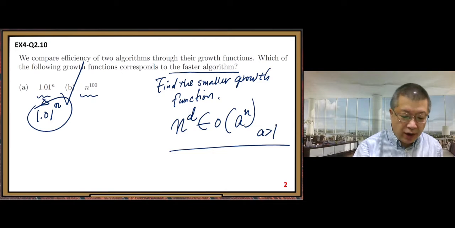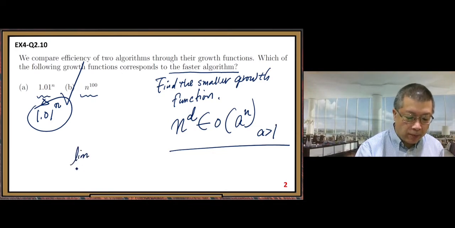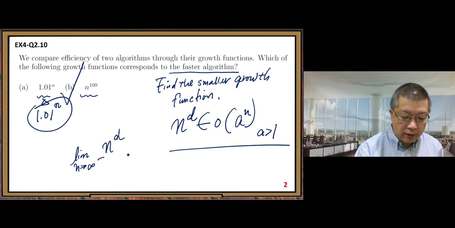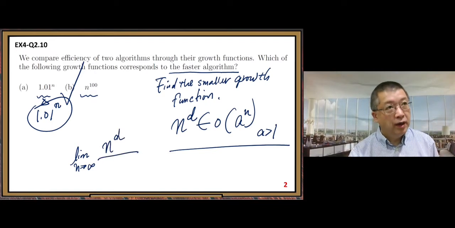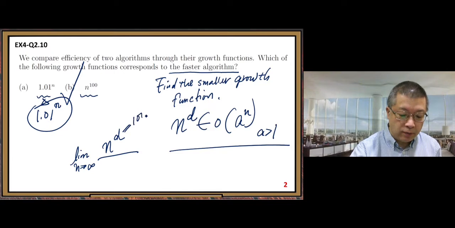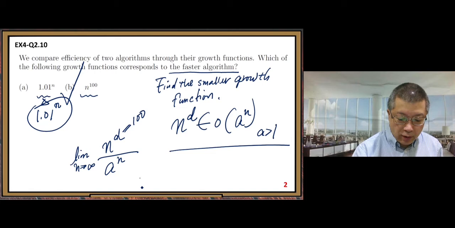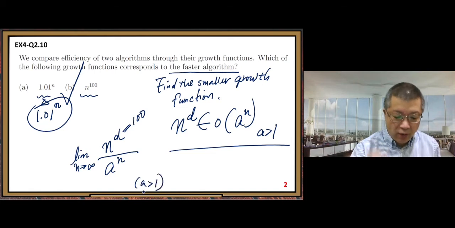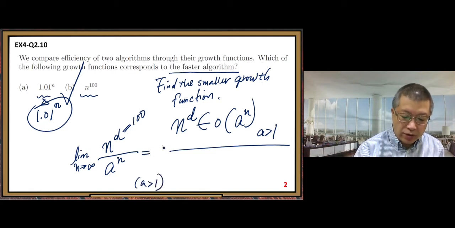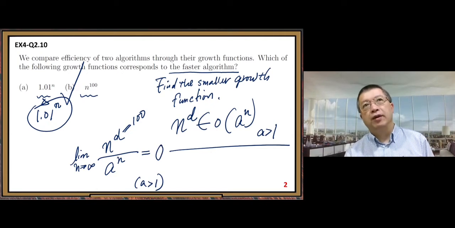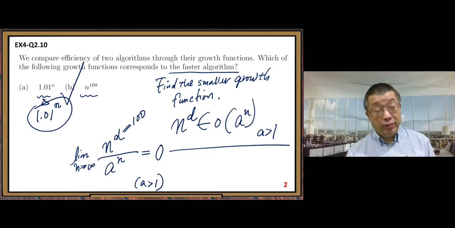This tells us that if you take the limit as n goes to infinity of n to the dth power, where d is some positive number, not necessarily an integer, but here it is an integer, 100, over a to the nth, with a greater than 1, this limit equals 0. We proved that. Remember? We used L'Hopital's rule.